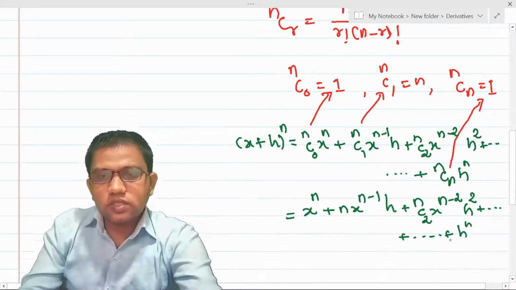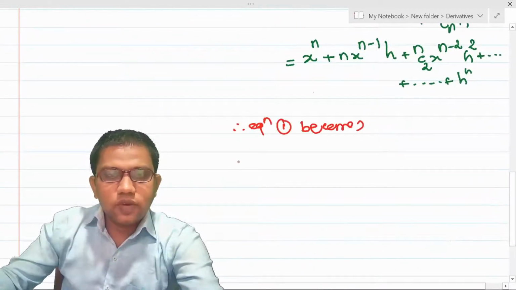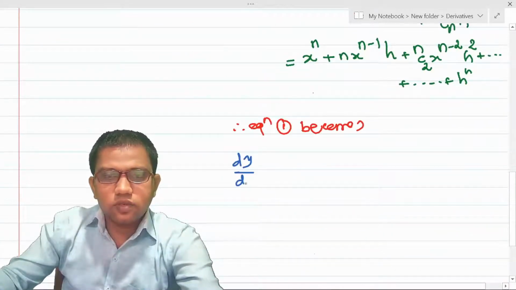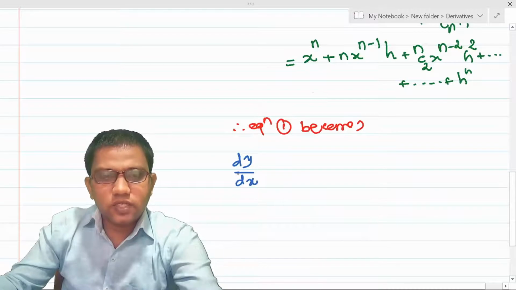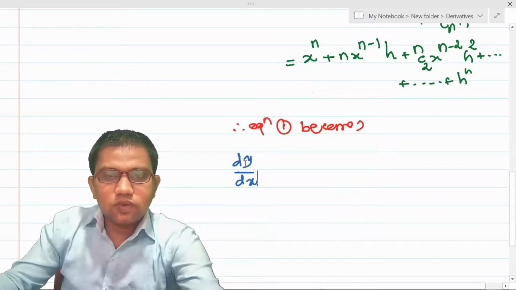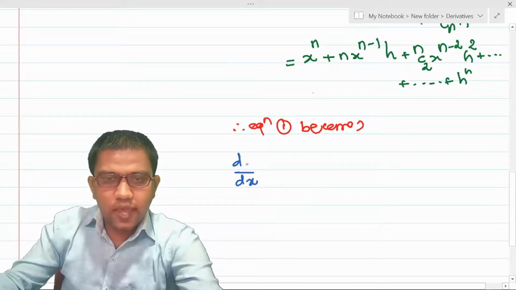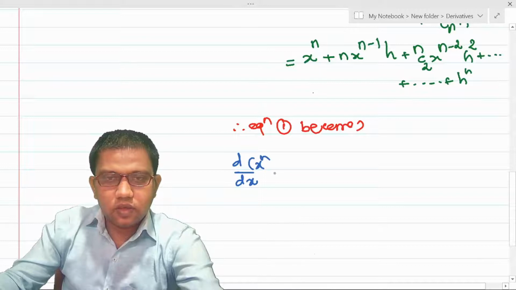Okay, so replace this value in equation number 1. So dy by dx is equal to d by dx of x raised to n. Y is nothing but x raised to n. Remember this.